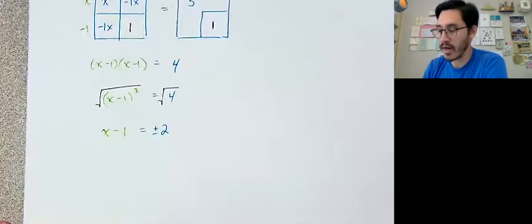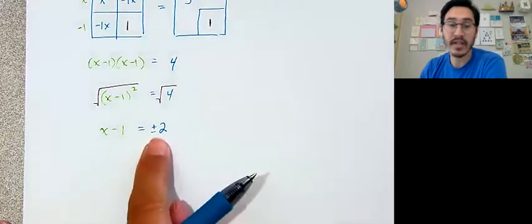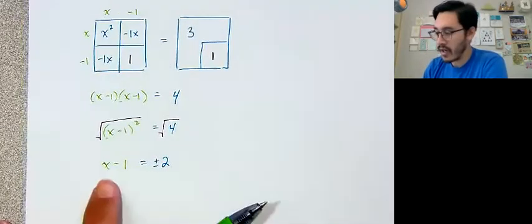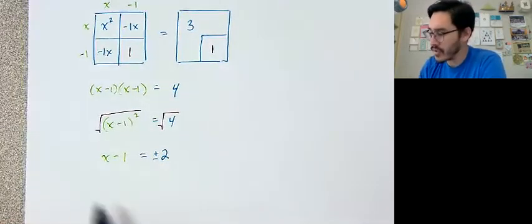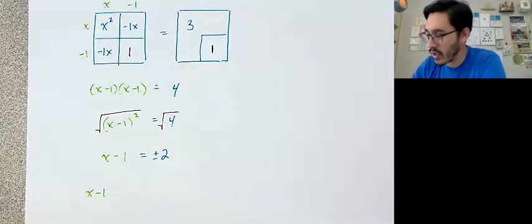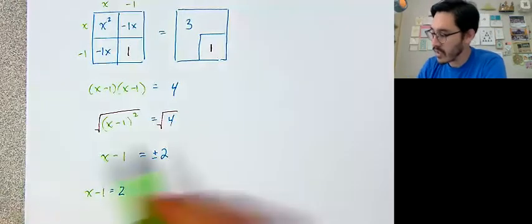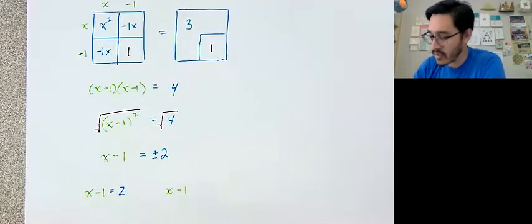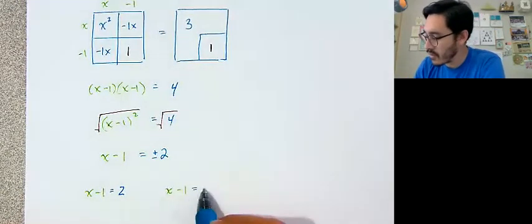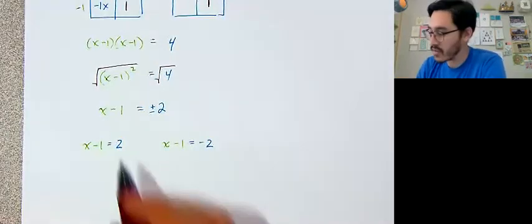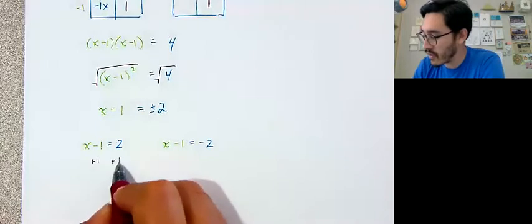So we'll write it as plus or minus 2. Let's break this into 2 separate equations: x minus 1 is equal to positive 2, and x minus 1 is equal to negative 2.